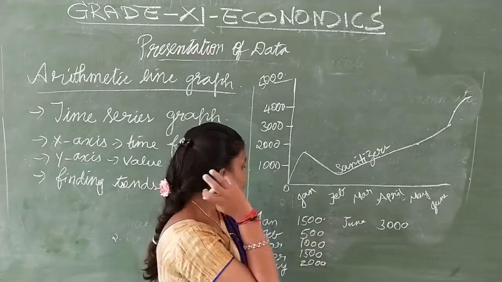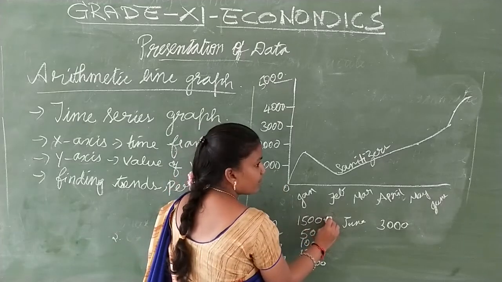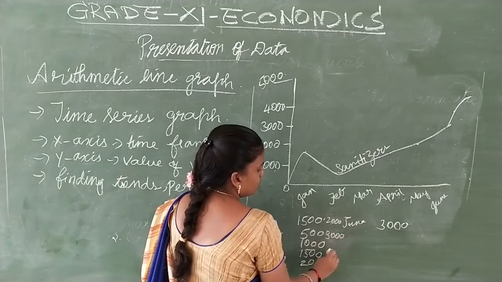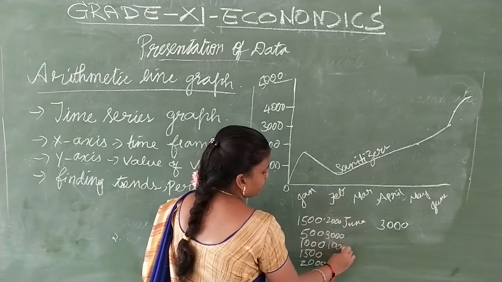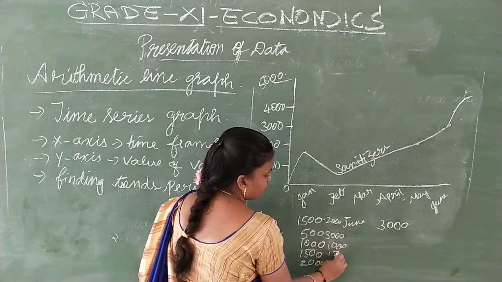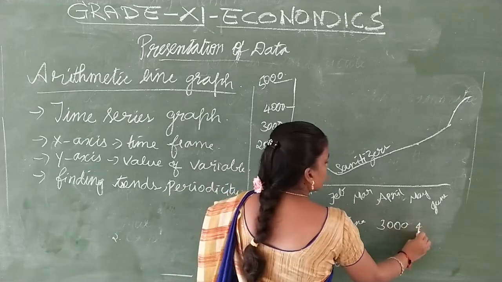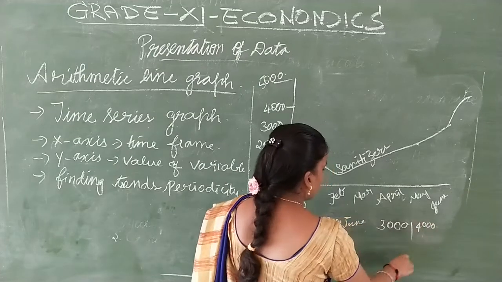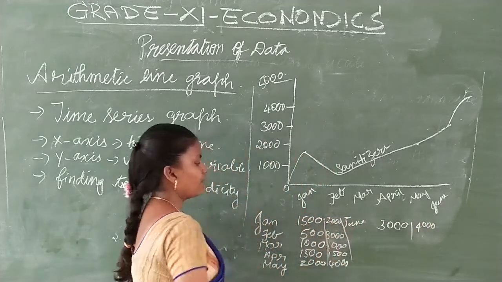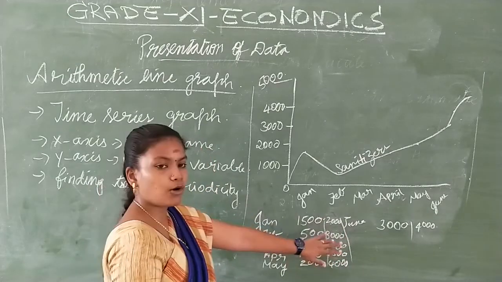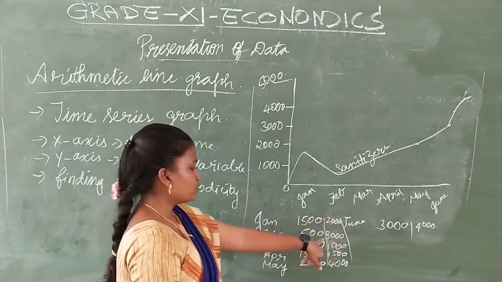There the data is different: it was 2000, then 3000, then 1000, 1500, 4000, and it stopped at 4000. So we are having one more set of data. This is for soaps and these are for sanitizers.